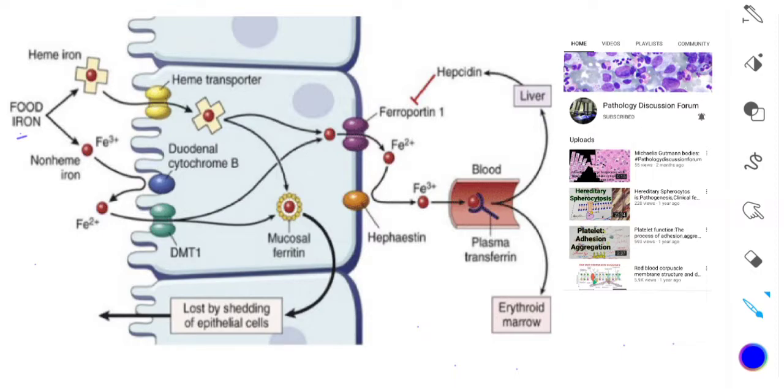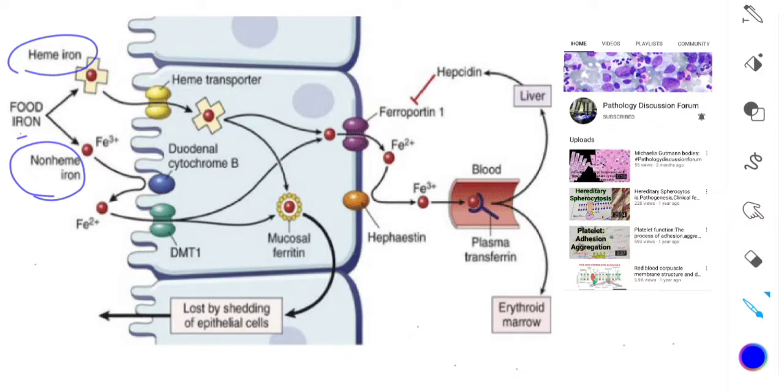Before going into this vlog, let me tell you that iron is present in foods in two forms. The first and the most important form is the heme form, and the other form is the non-heme iron.